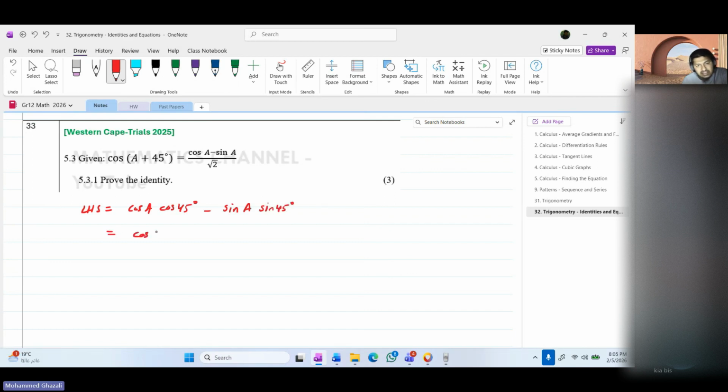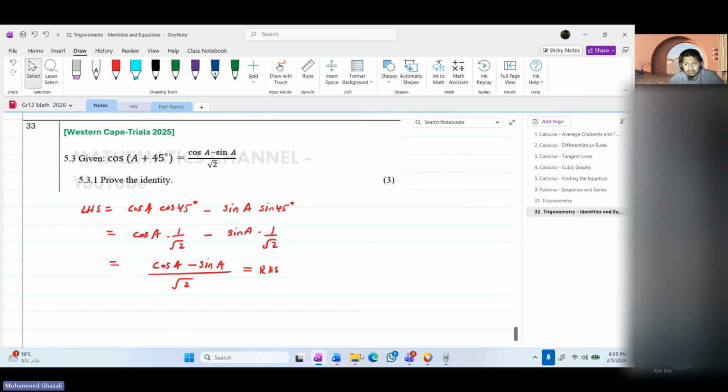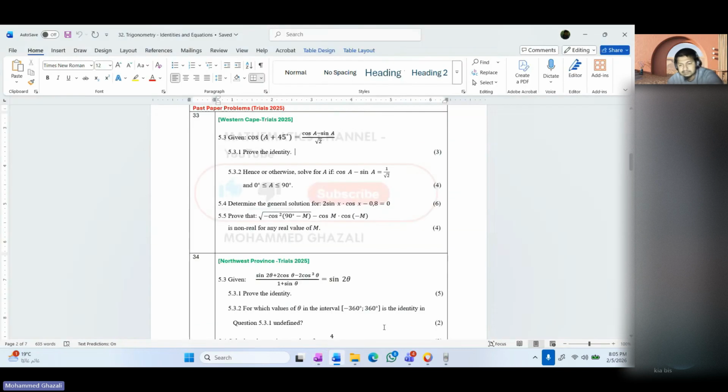So you got cos a times 1 over root 2 minus sine a times 1 over root 2. So what do we have? You got root 2 in the denominator. So cos a minus sine a all over root 2. So it works out: cos a minus sine a all over square root of 2, which is the RHS. Easy peasy. Right, moving on to the next question.